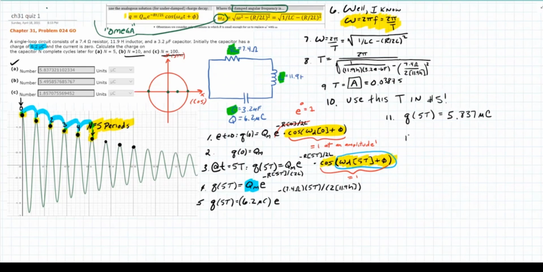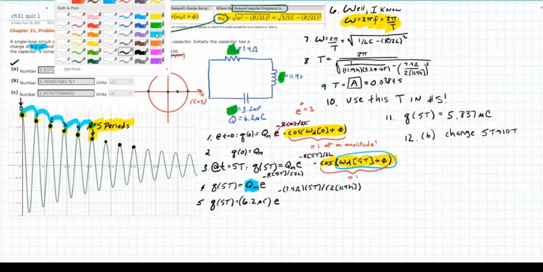So let's see. For part B, what changes? You're going to go, instead of 5T, it will be 10T. So we should have even less charge after 10 bounces. When I change from 5T to 10T, I think everything remains identical except for this number right here.